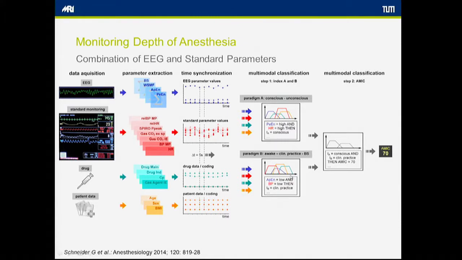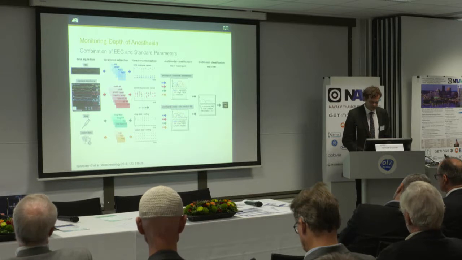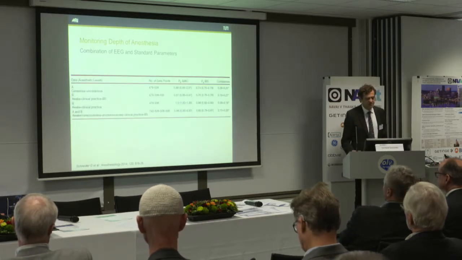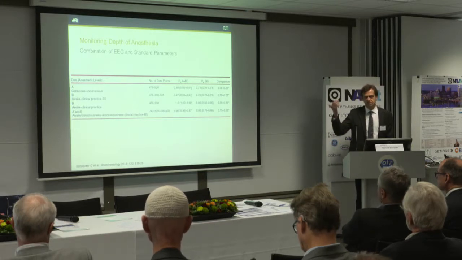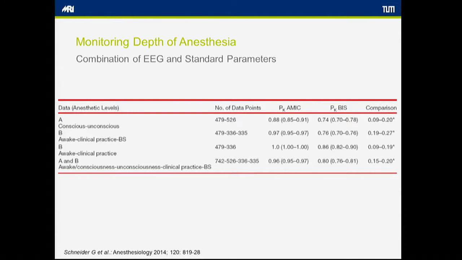These two separate classifiers were combined to a single number, and we could show that such an approach provides more precise information of the hypnotic level of anesthesia. There was a better separation between consciousness and unconsciousness, and also between different defined levels of anesthesia as compared to EEG only.